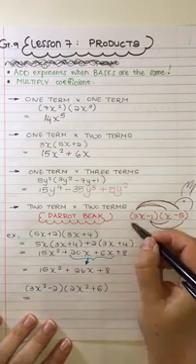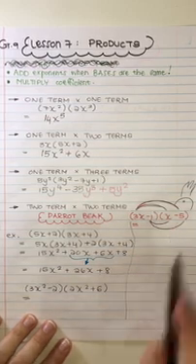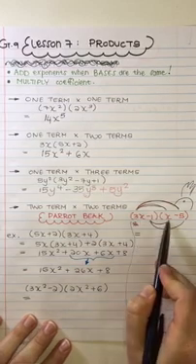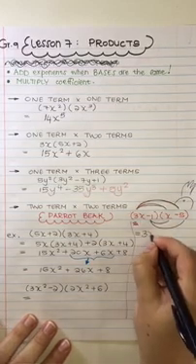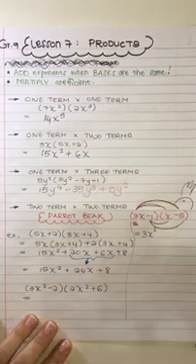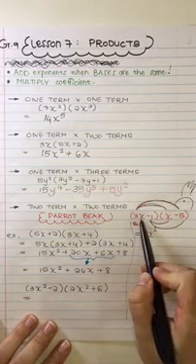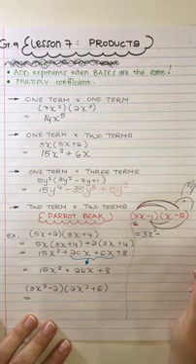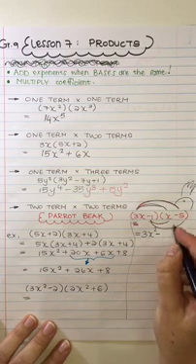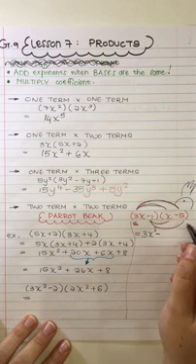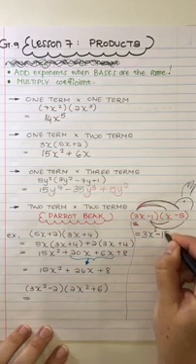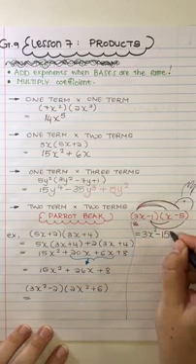So let's do this one by applying this rule. 3x times x is 3x squared. And 3x times minus 5 is minus, what is that, guys? 16? No. 3 times 5 is 15, so minus 15x. Yes.